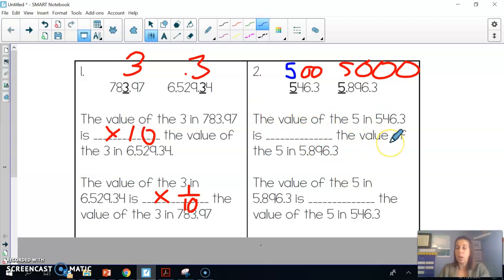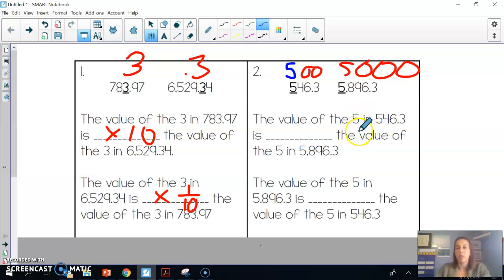But let's look at the comparison statements. And this is what you are being asked to write in that quick check assignment that you had on Tuesday. And we'll look at that later. The value of the 5 in 546 and 3/10 is blank the value of the 5 in 5,000. Now think about it.